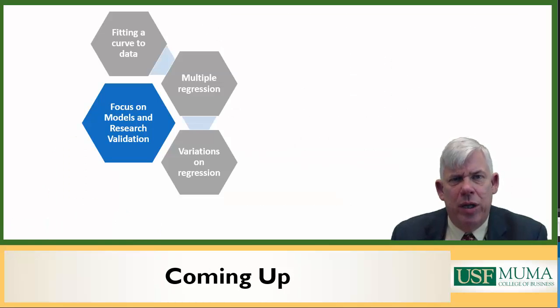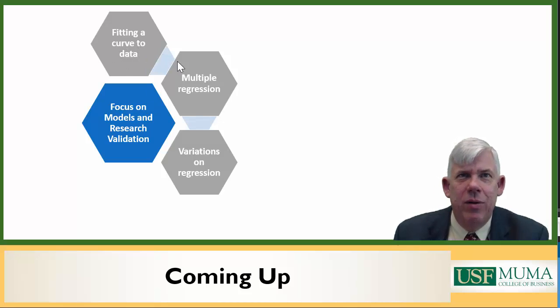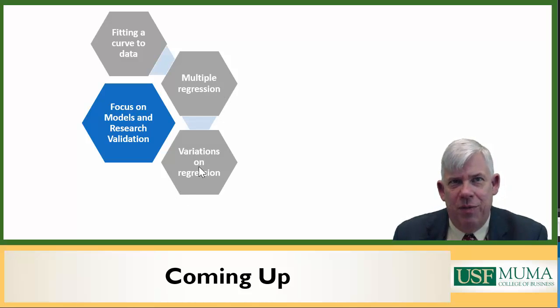So if we look at what we want to accomplish in our second day, what we've done so far is we talked about fitting data to a curve, we talked about multiple regression, we've talked about some variations on regression, though we didn't actually do anything with them.